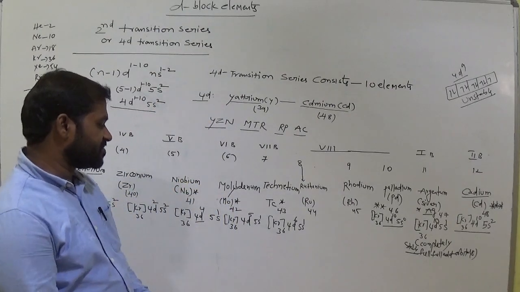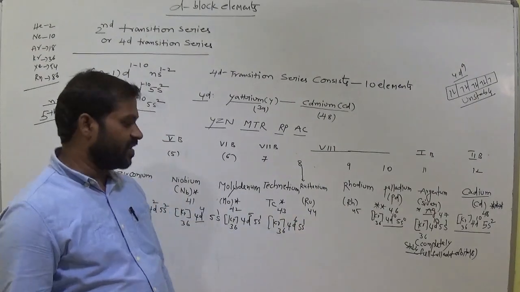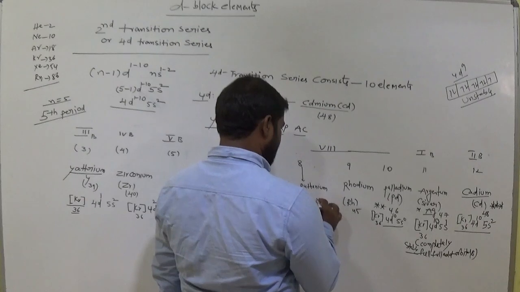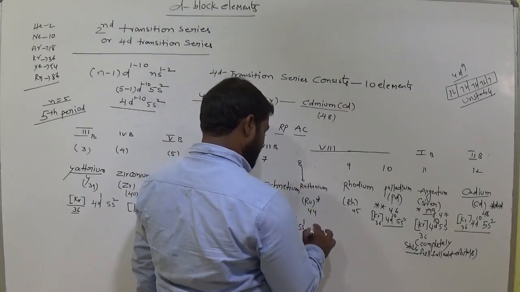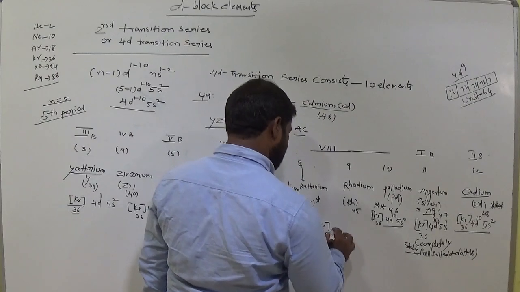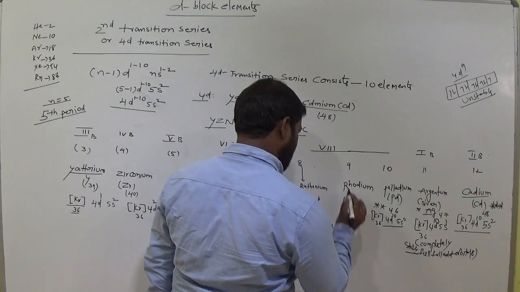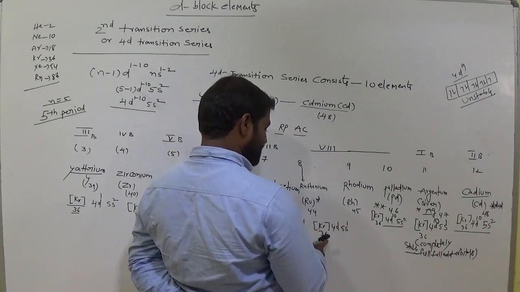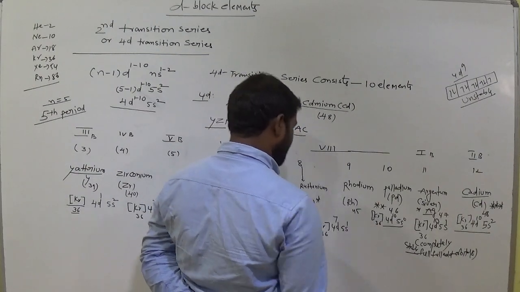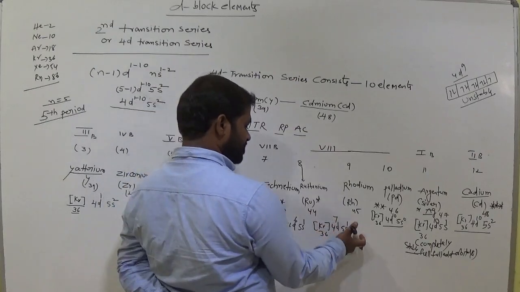Krypton 36 4d6 5s1, 36 plus 6, 42 plus 1, 43. Okay, for ruthenium, krypton 36 4d7 and 5s1, here also 36 plus 1, 37, that means 4d7. Okay, 36 plus 7, 43 plus 1, 44.